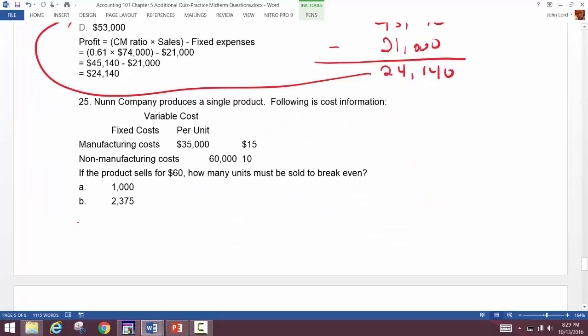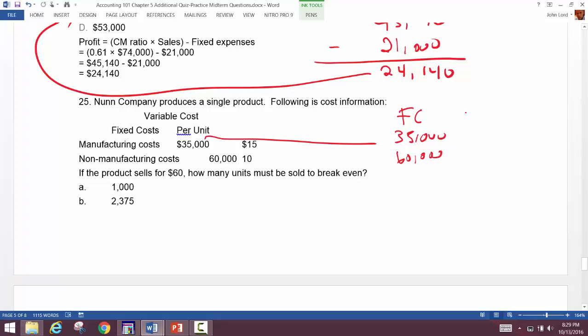Let's look at this one now. This one's a little bit of a problem in the way it lined up. So let's just fix that. Okay, my fixed costs are going to be $35,000 for my manufacturing cost, and $60,000 for my non-manufacturing cost.